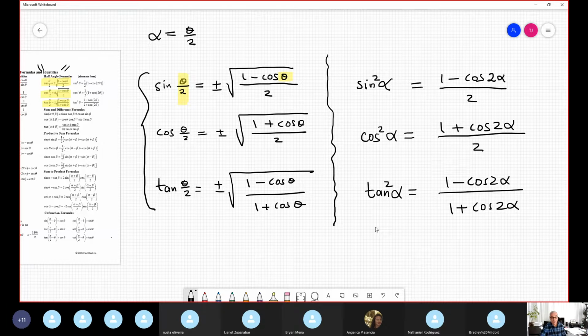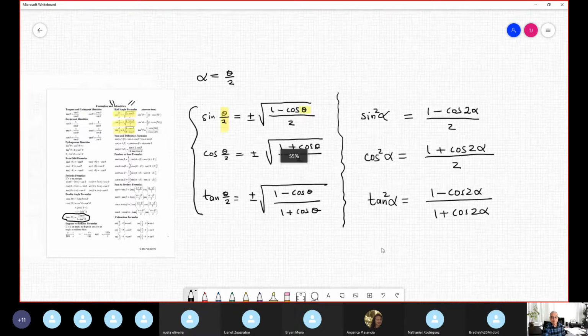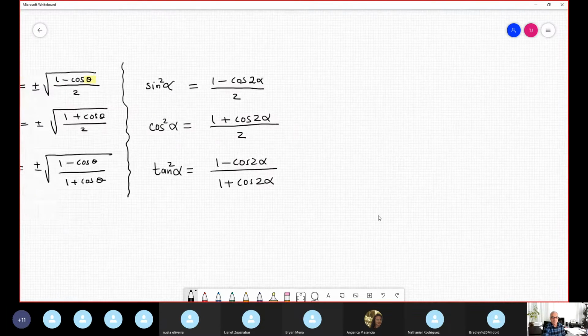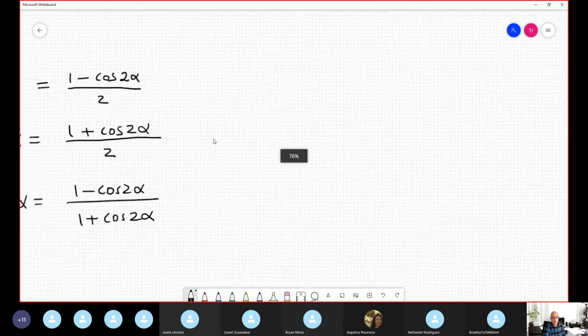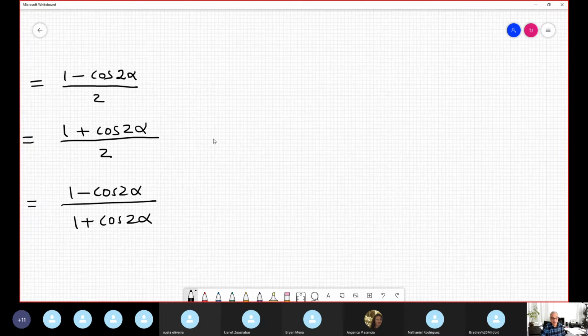Now, application. I bring 3 examples. Okay, let me try. Example 1 of the application of the half angle.